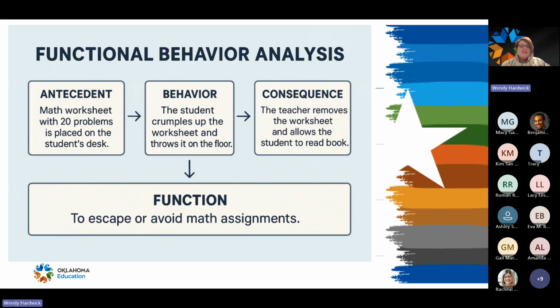So, math worksheet with 20 problems placed on the student's desk. The student crumples up the worksheet and throws it on the floor. The consequence is the teacher removes the worksheet and allows the student to read a book. So we can hypothesize that the function of the behavior is to escape or avoid math assignments.